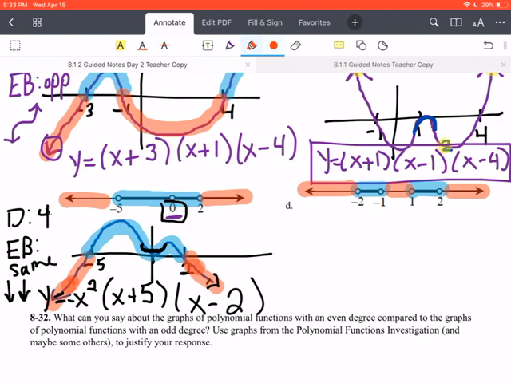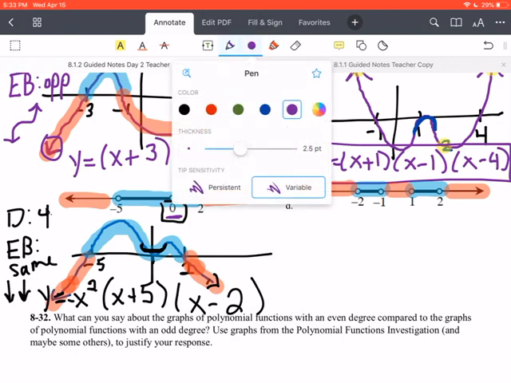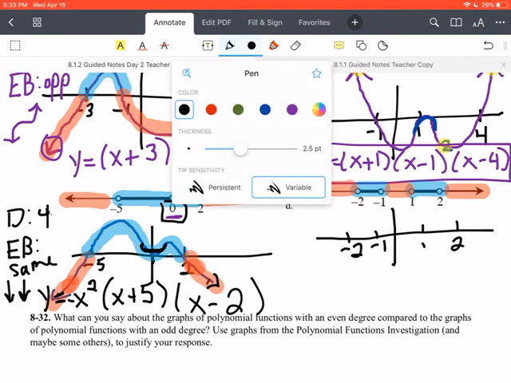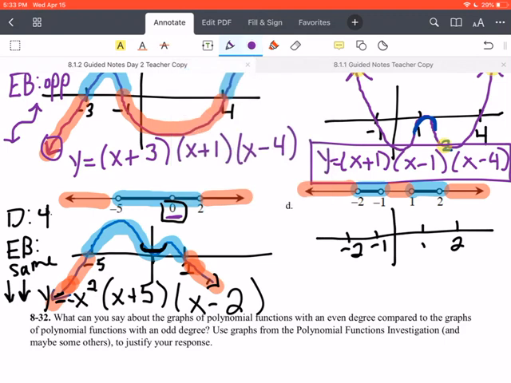So, if we go ahead and make our axes with our x-intercepts, okay, we have -2, we have -1, 1, and 2. And we start in the negative region, and then at -2 we go to the positive region, and then at -1 we go to the negative region, at positive 1 we go to the positive region, at 2 we then dip to the negative region.